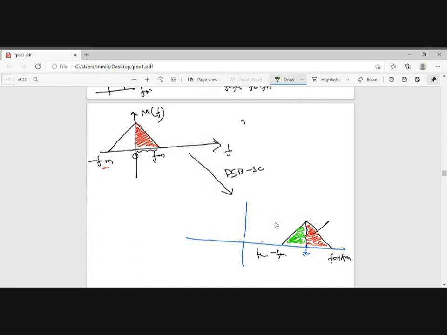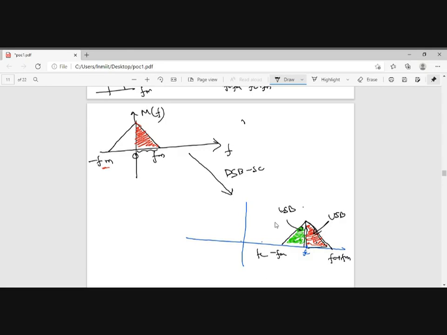Let's call it upper side band and lower side band. Okay, but what we are getting is a replica of each other. Okay, this is important, but why are we transmitting two things? If we can have MT by just half of this, either this or this.